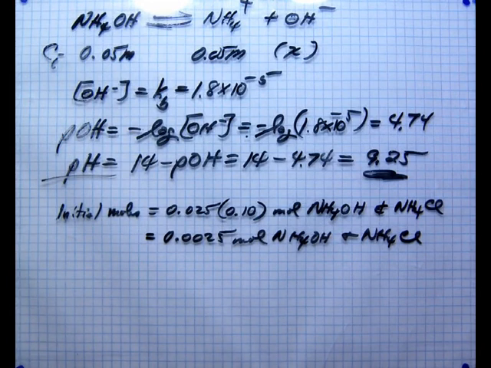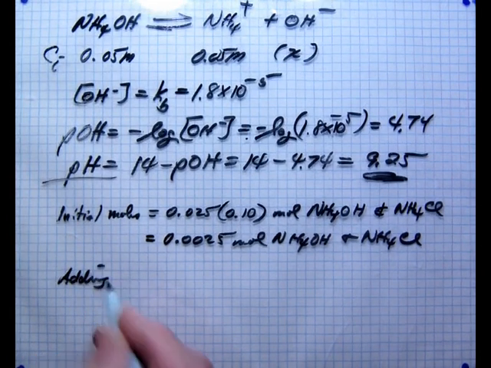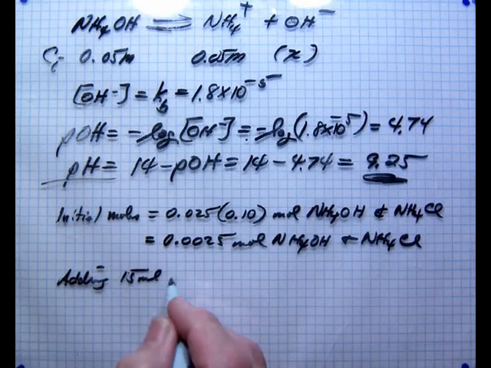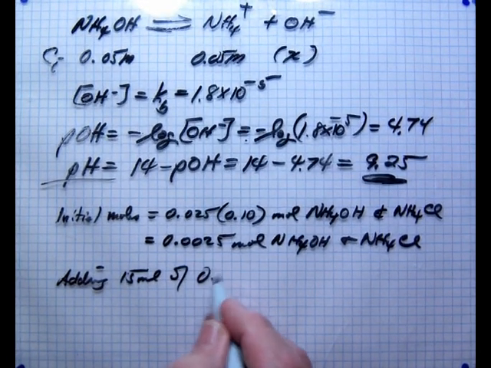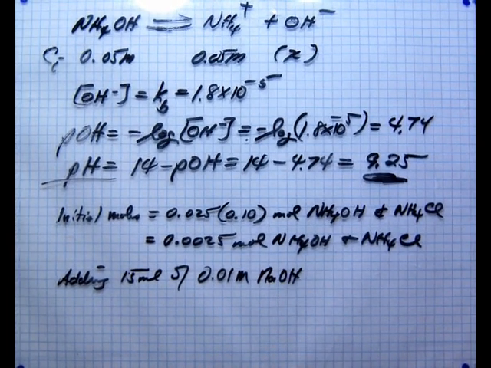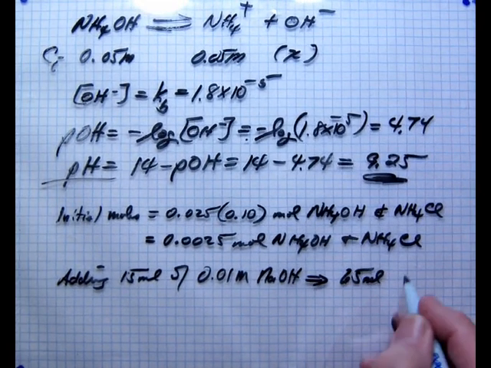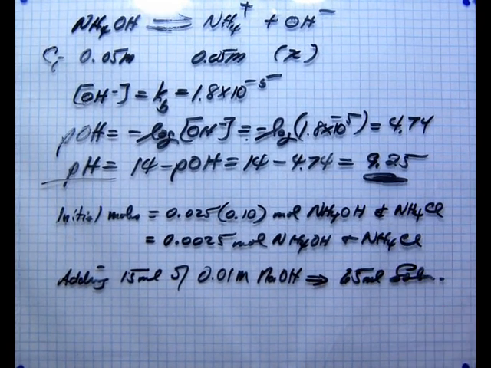What's the final solution mix here? Okay, we have 50 plus the 15, that's 65 mils. So the adding 15 milliliters of the 0.01 molar sodium hydroxide to the system gives me a 65 milliliter solution now.